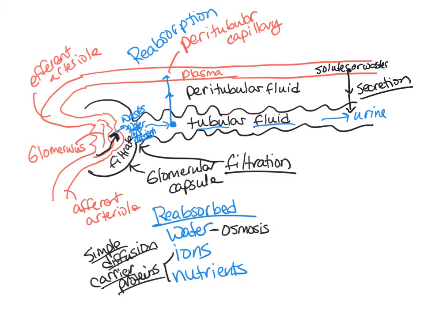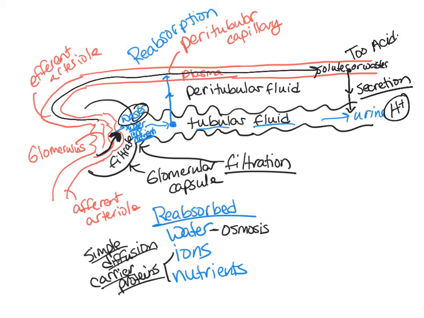Secretion is necessary because sometimes filtration doesn't get all of the waste products. And so then as the plasma travels through those peritubular capillaries, this secretion gives us yet one more chance to get rid of those waste products. It also helps us to get rid of ions like hydrogen if the blood is too acidic.